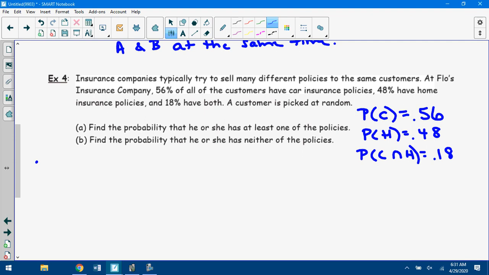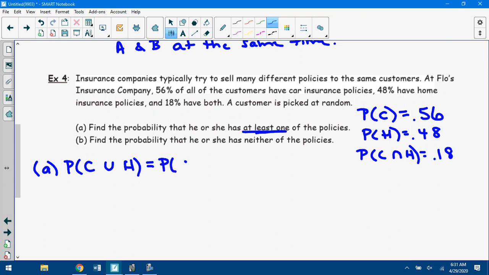So for part A, we want the probability that he or she has at least one of those policies. Now that's worded a little bit oddly. At least one means they have car or home. At least one, so they might have both also. So this is the OR, and this is the formula we did today. What's the formula for OR?